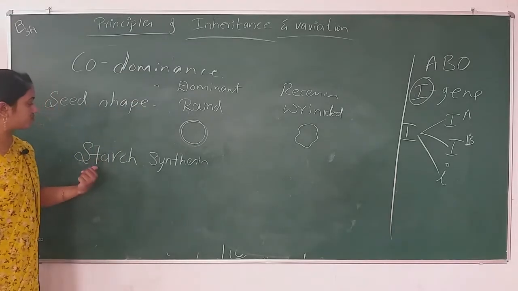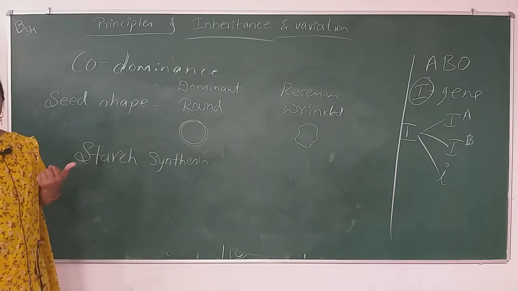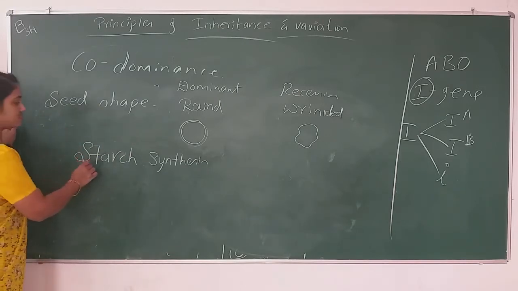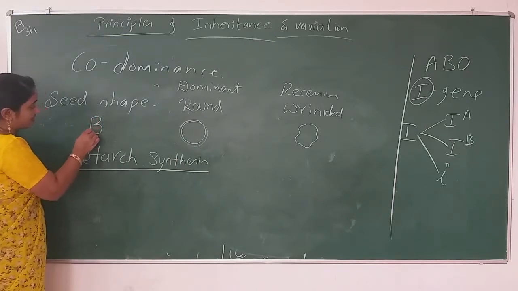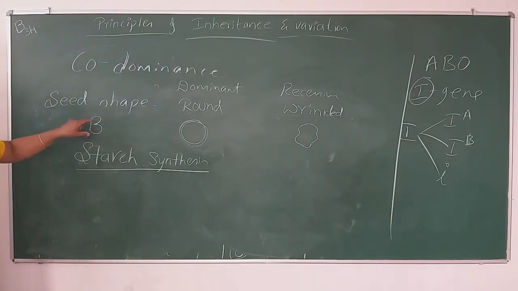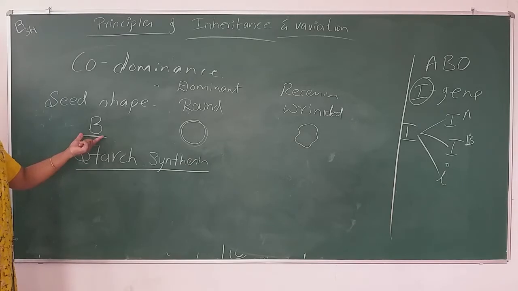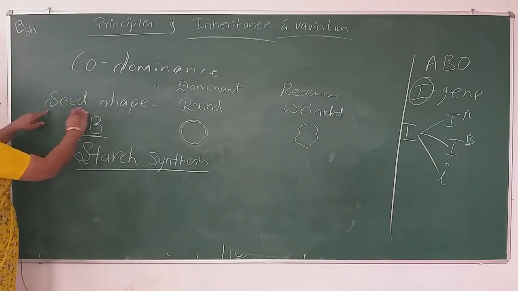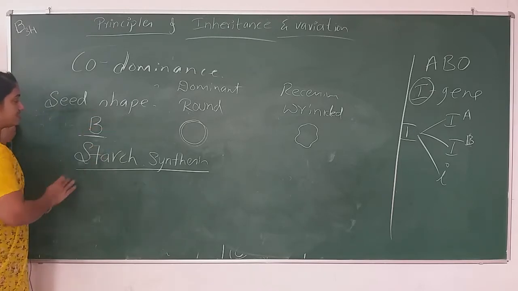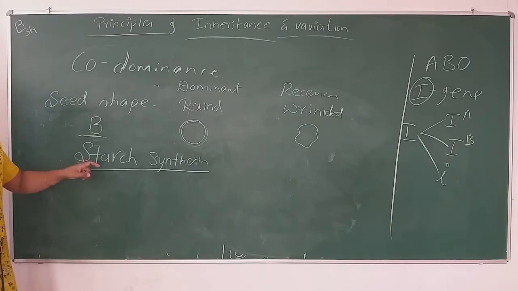Why is it producing a large amount of starch? What is the reason behind it? This synthesis of starch is controlled by one gene called B. If it is in a dominant character, in the dominant trait, wherever in the seeds a dominant trait is present, it results in the formation of a large amount of starch.